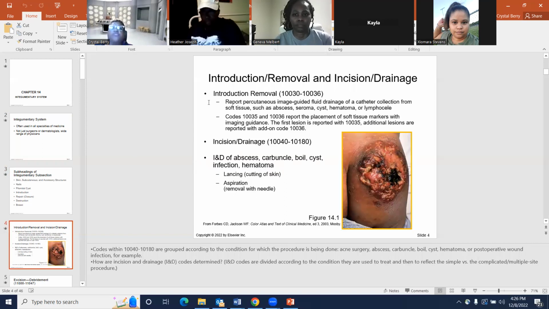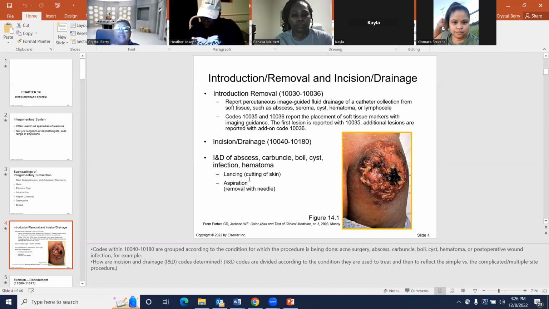They're giving you pictures, introduction, removal, and incision and drainage. So when you're looking at your diagrams in your labs, make sure that you're reviewing your PowerPoint slides. It gives you information. Introduction and removal, it gives you the code range. It shows you about incision and drainage, I and D: incision and draining of abscesses, carbuncle, boil, cyst, infection, hematoma.